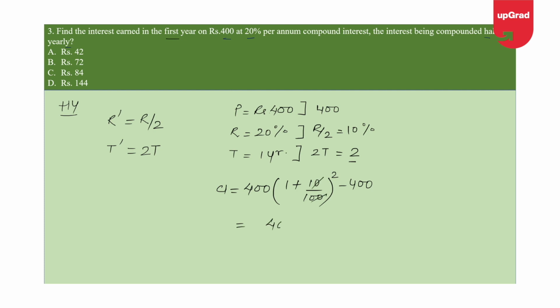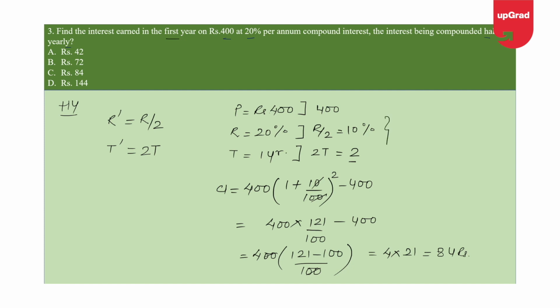Again, it is 400 multiplied by the square for 11 and the square for 10 minus 400. And even if I take 400 as a common value, I end up getting 121 minus 100 by 100. And I can cancel this. So I end up getting 4 multiplied by 21, which is equal to 84 rupees as the answer. Now this is conventional method.